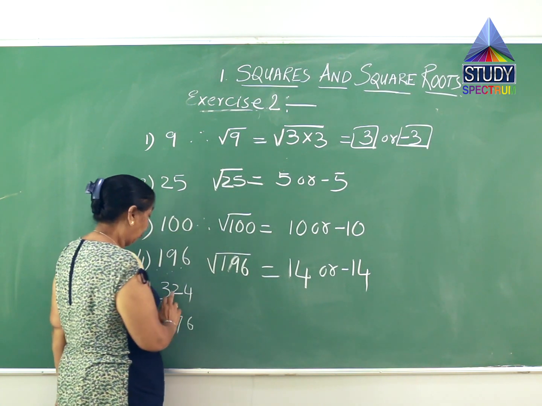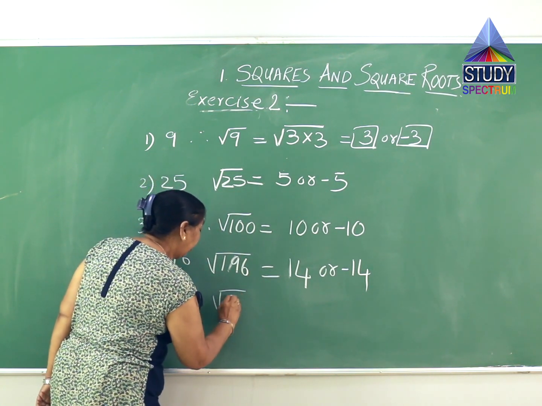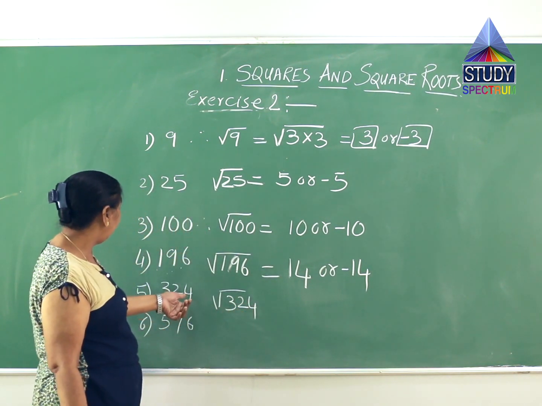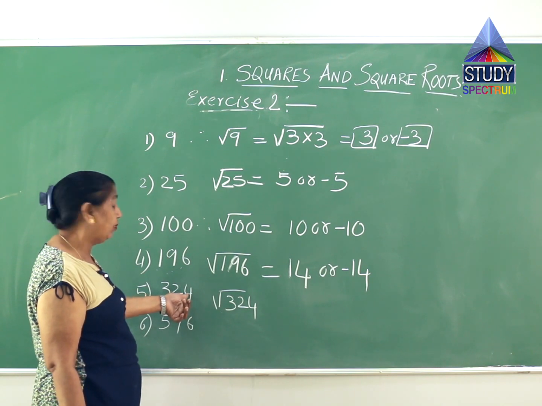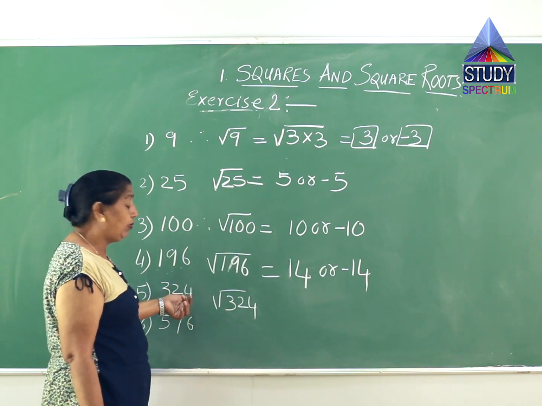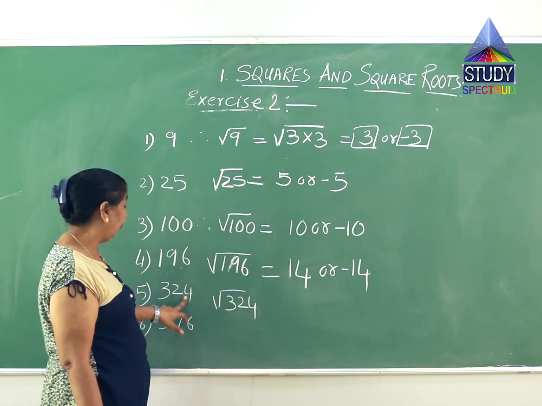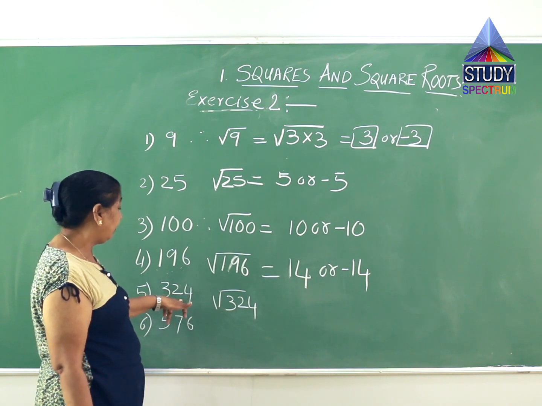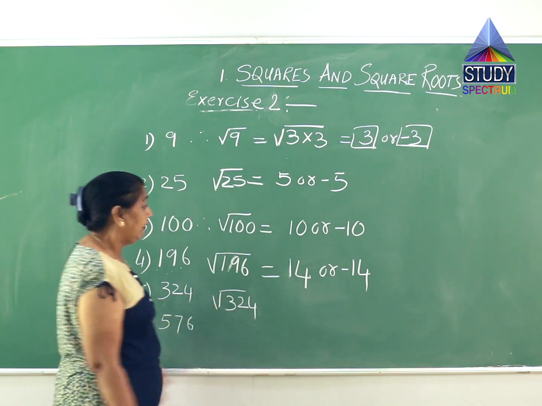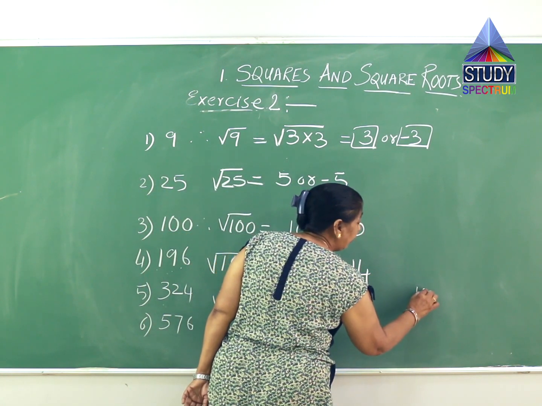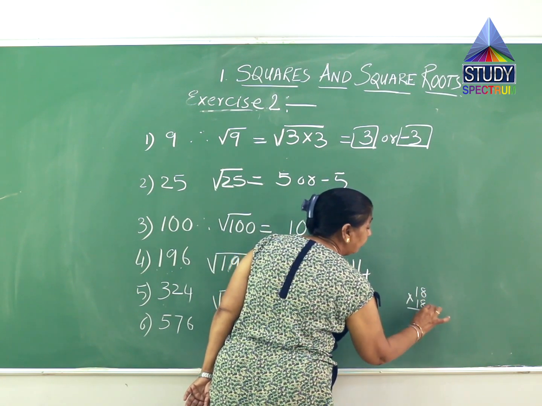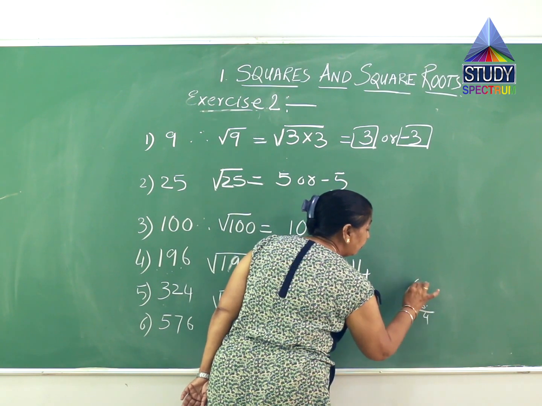Now for the root of 324, you can use the test of divisibility. You can see here 4 is in the unit place, and I know what square gives me 4 in the unit place, that is 8 square, 64. So you can try with that number. I know 8 into 8 is 64, which is very less than it. Then you can go in the working column and try with 18. 18 into 18, what does it give me? 8 into 8, 64, 6 carry.